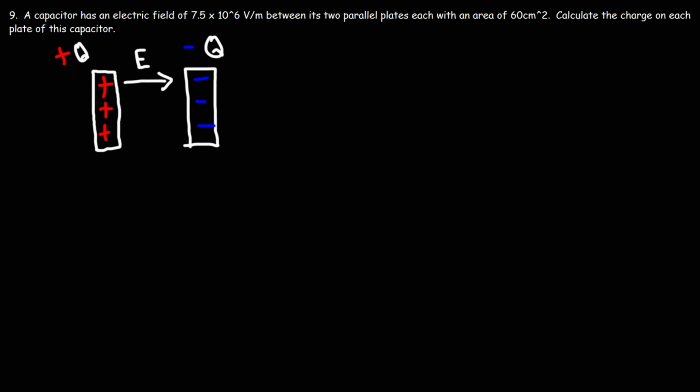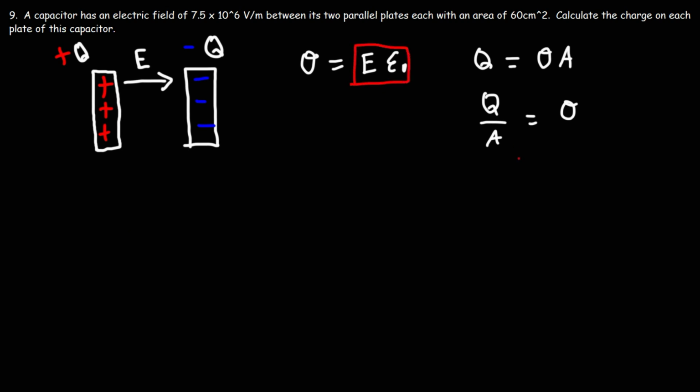What can we do? Well, let's write down some formulas. We know that the surface charge density is equal to the magnitude of the electric field times the permittivity of free space. Now, the charge is equal to the surface charge density times the area. If we divide by A, we get that the charge divided by the area is the surface charge density. So let's set these two equal to each other, since they both equal the surface charge density.